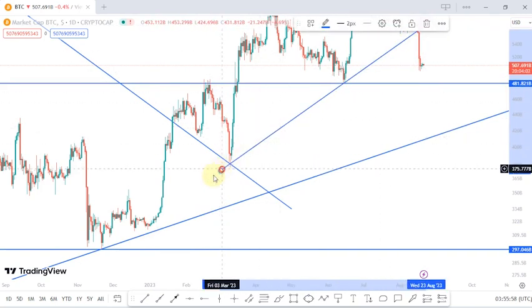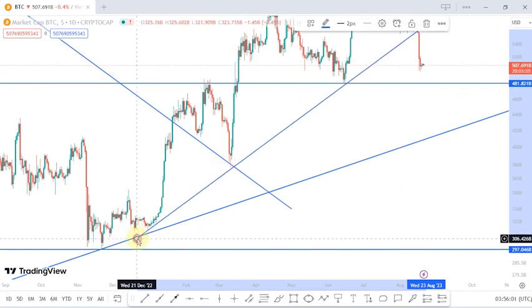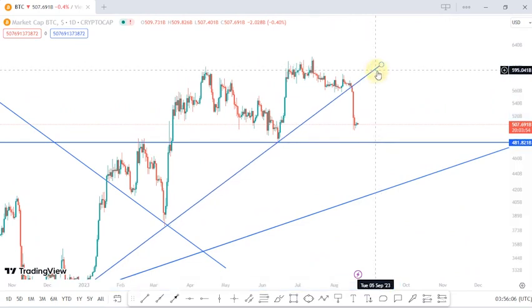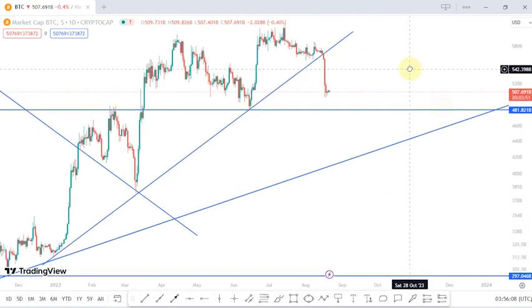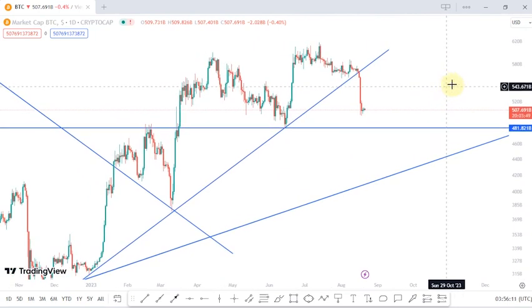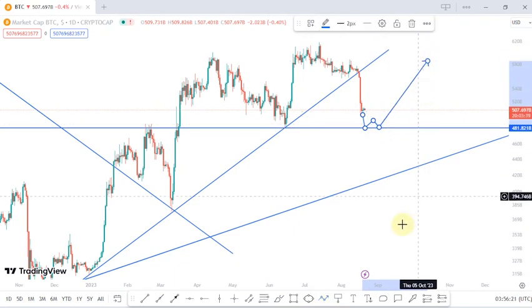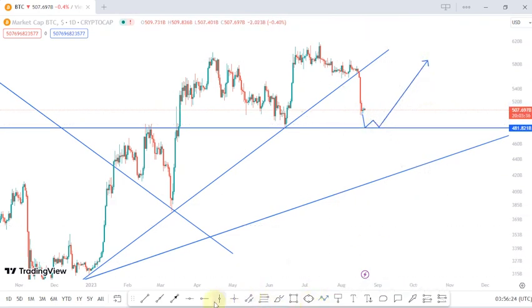I think the inner trend line just got broken. Yeah, the inner trend line just got broken, and we're expecting the cryptocurrency to fall down to this level, and when it gets to this level, we could expect a bounce off. We don't know, but we're going to wait and see what happens and react. Or crypto could do this and come down to this level. So these are the two things that could happen to crypto.